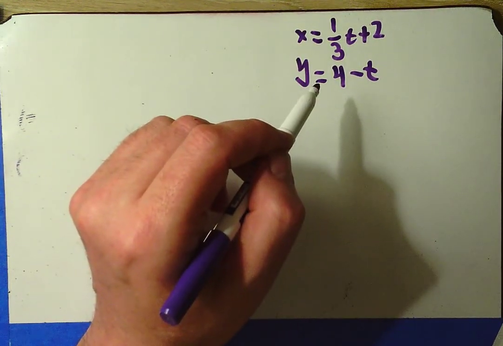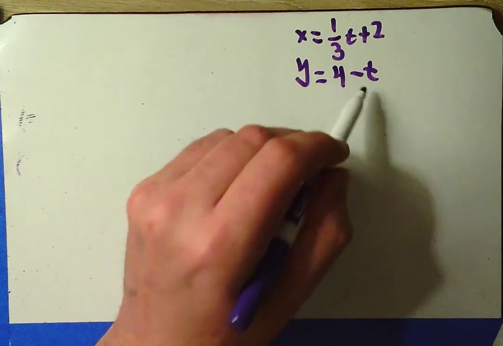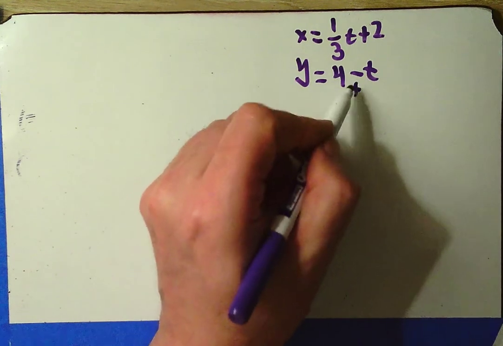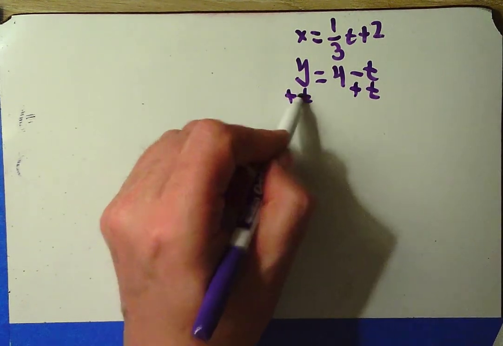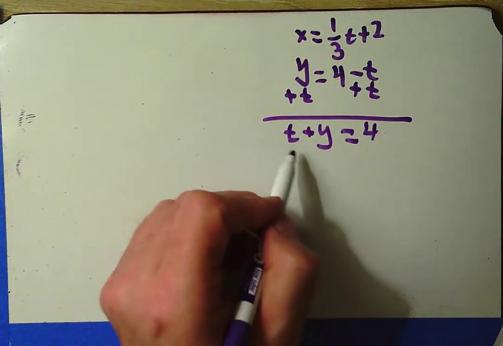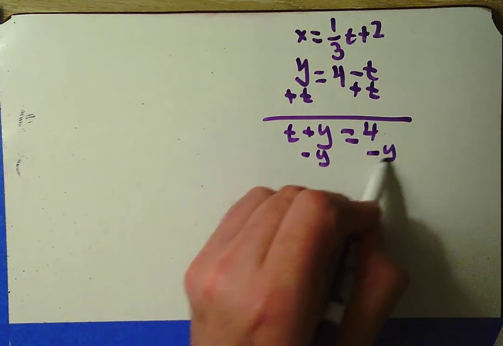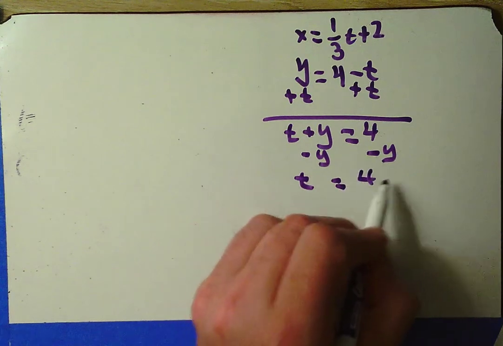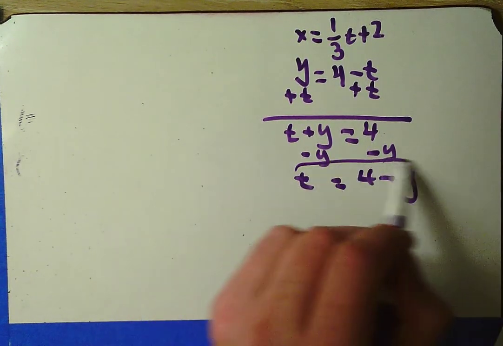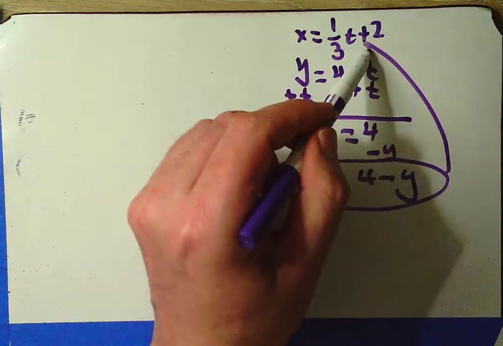So if I take this equation and I get t by itself, I'm going to see that t plus y equals 4, and if I subtract y, t equals 4 minus y. Now I know what t equals, so I'm going to take this and plug it in here.